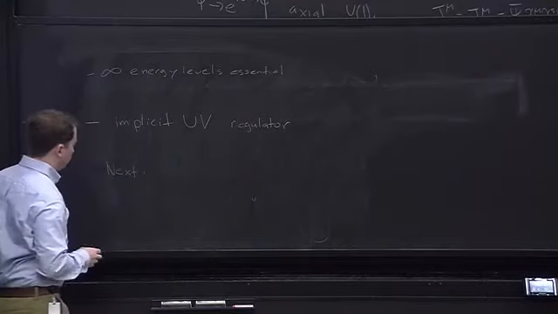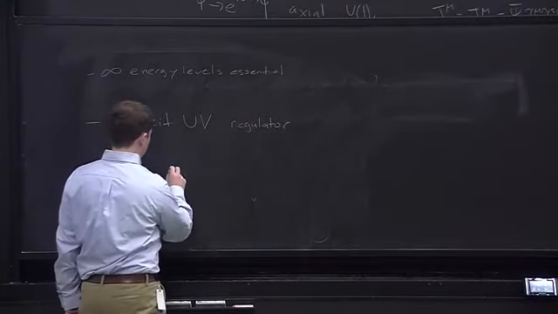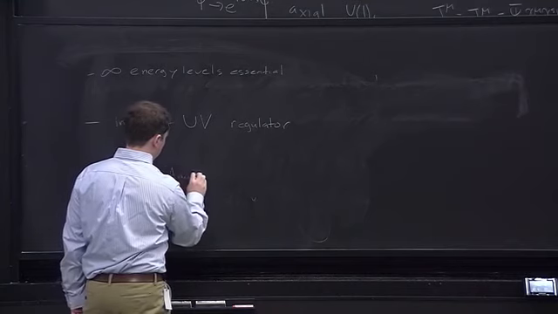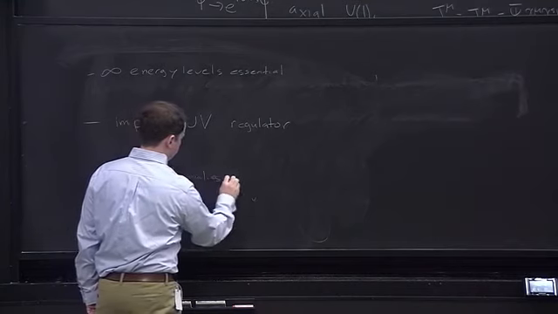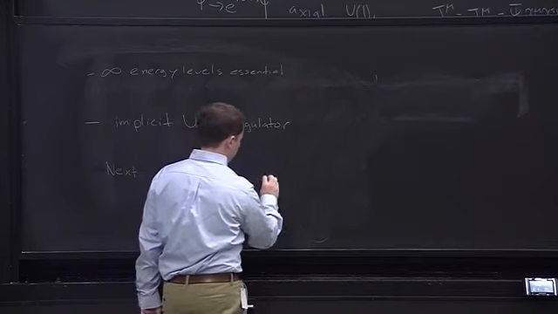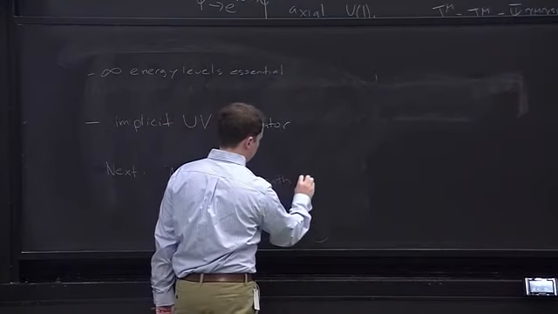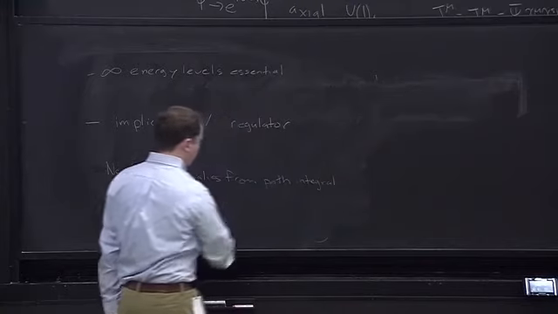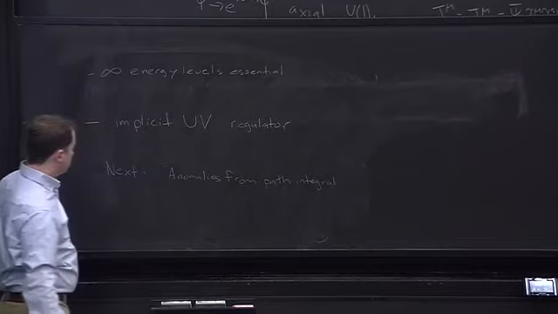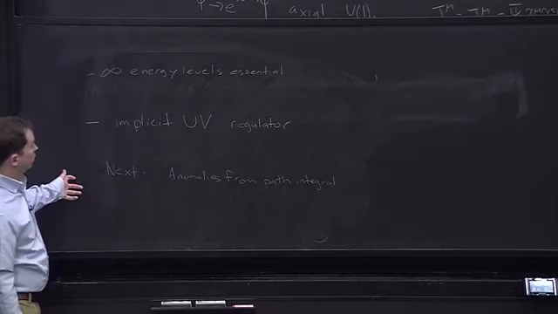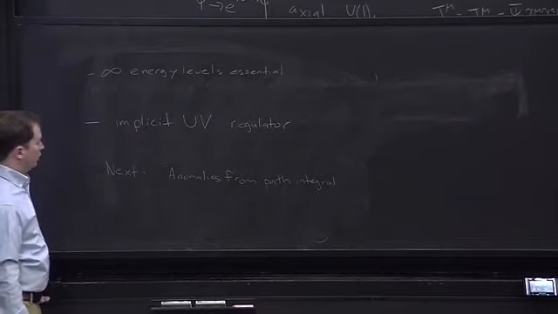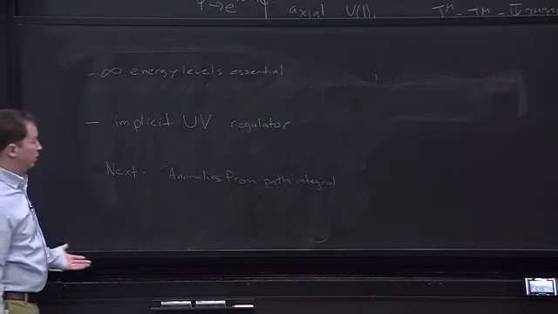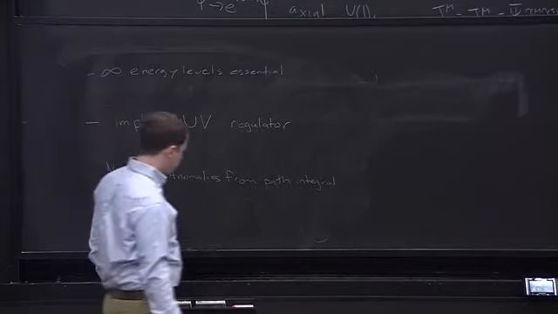So tomorrow, what we're going to discuss is anomalies from the path integral. And we'll see in our different ways of deriving the anomaly, some of these aspects will be clear in some derivations and not clear in other derivations.